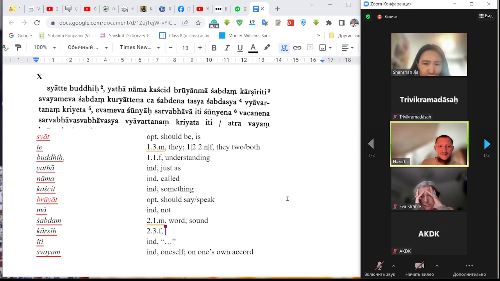And tena cha shabdena tasya vyavartanam kriyate or kriya ita. No, but we are given it as an emendation, so it should not be kriya ita, but suggested to be kriyate.